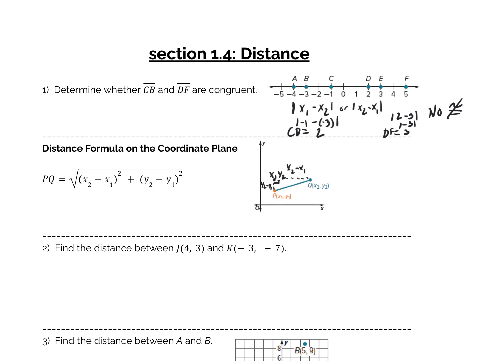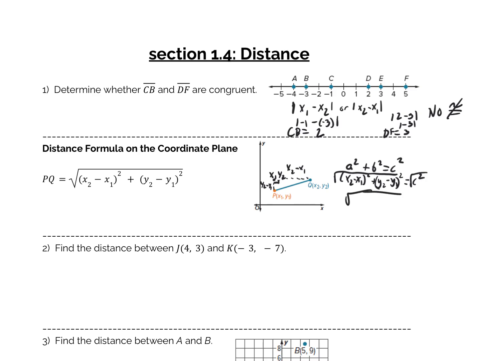And then, of course, we would square each of those, to get our a squared plus b squared equals c squared. So we would do x sub 2 minus x sub 1 squared plus y sub 2 minus y sub 1 squared equals c squared. And then, of course, we would need to take the square root of both sides, because we don't want this distance squared, we just need it by itself.